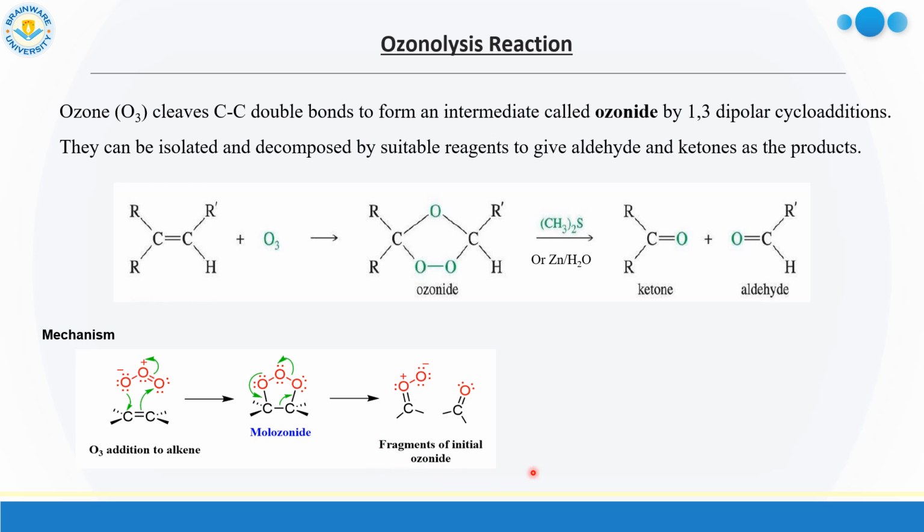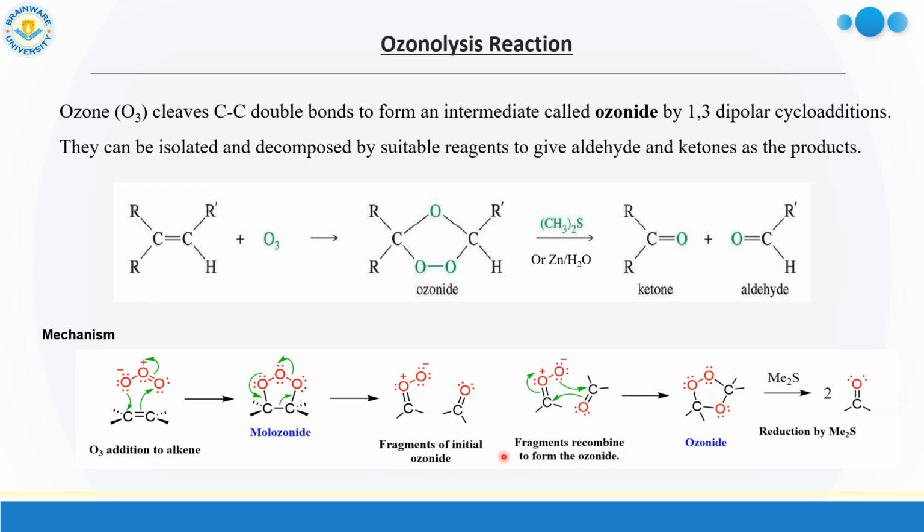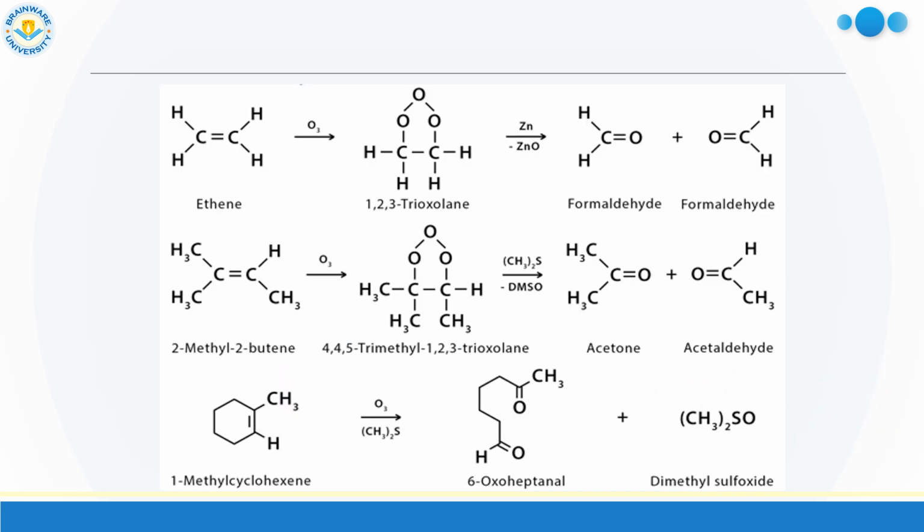After that a fragment, the initial ozonide, is formed, and that initial ozonide can undergo reverse attack and form the ozonide, which is then reduced to form C=O, using dimethyl sulfide or zinc dust and water.